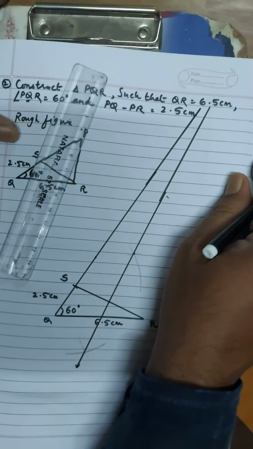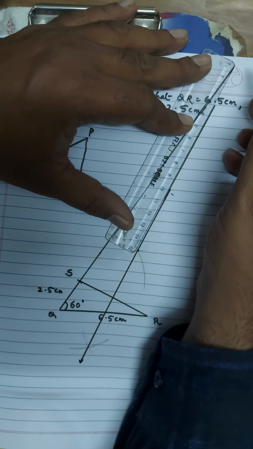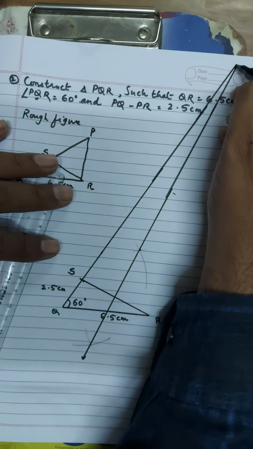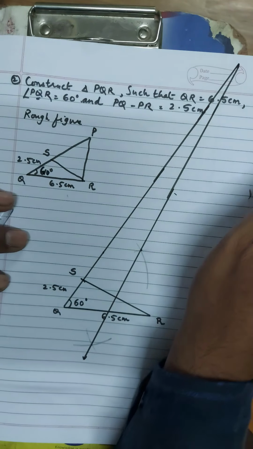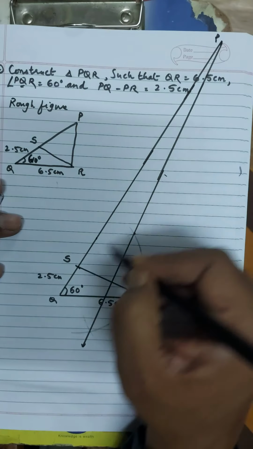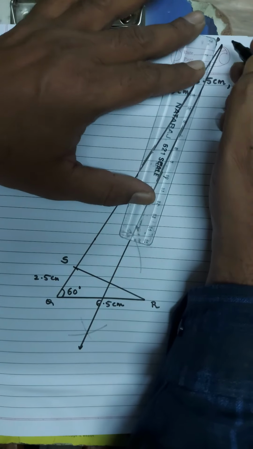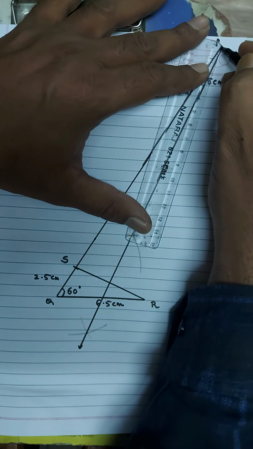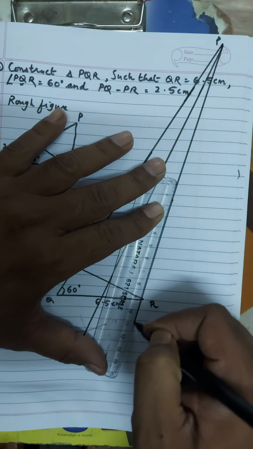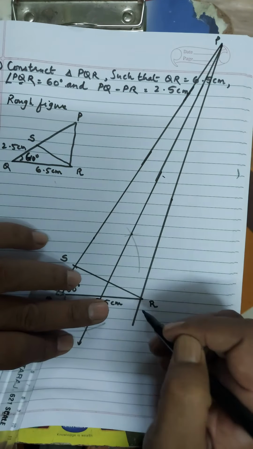So suppose this is our intersection point. So this we need to give as P. So this is triangle PQR, and this intersection point we need to join to R. Till R we need to join it.